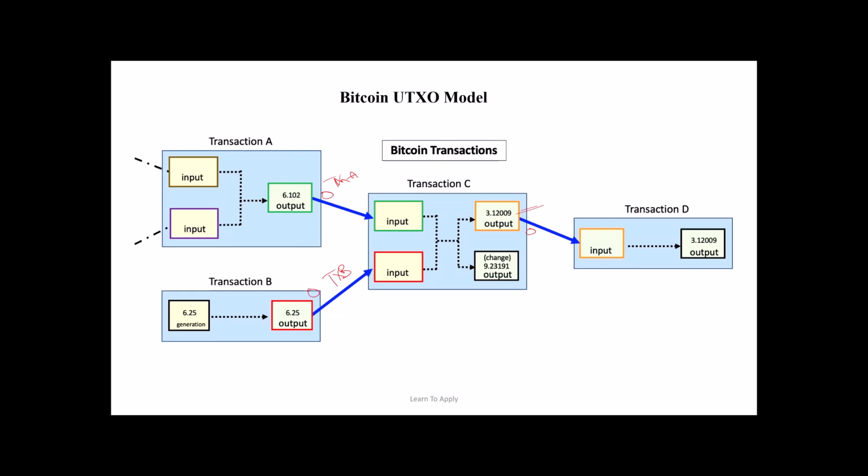So what we can infer is that if we straightaway look at the source of these Bitcoins being utilized in transaction D, they come from the output of transaction C. Transaction C is referring to those outputs, because this output is based upon two inputs in transaction C. So we can reach transaction A and transaction B. In transaction B, we can stop here. We can say, okay, these are Coinbase transactions.